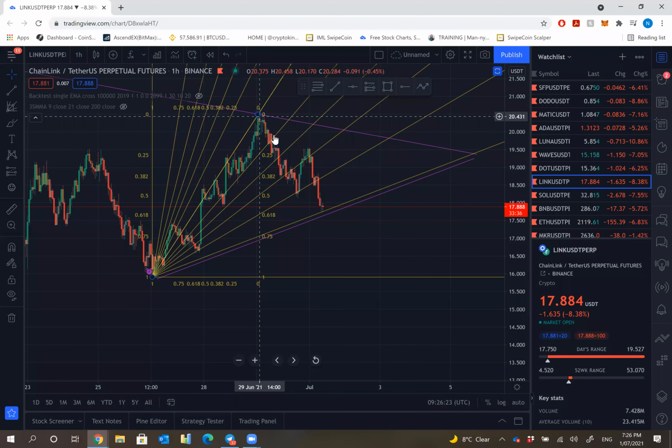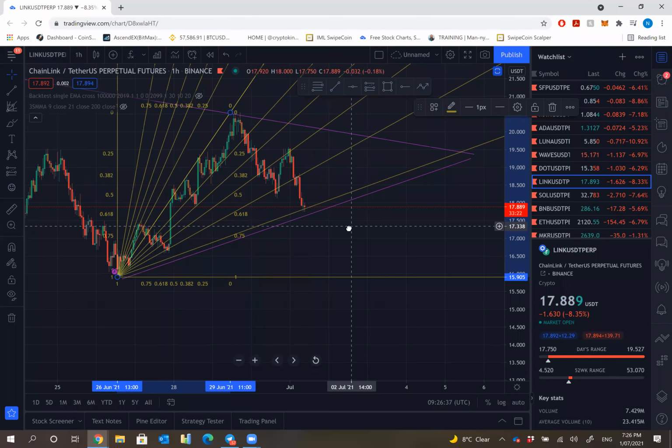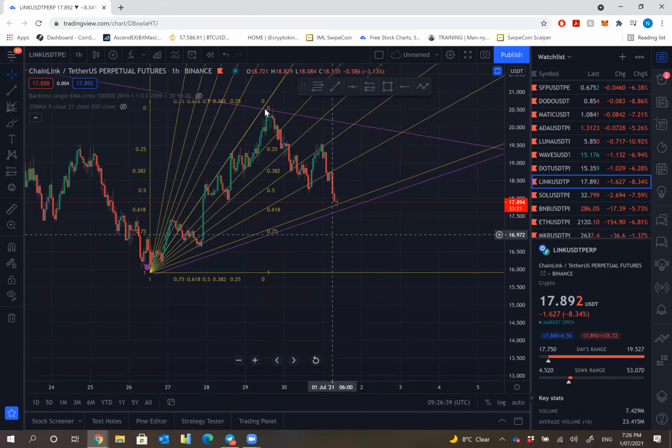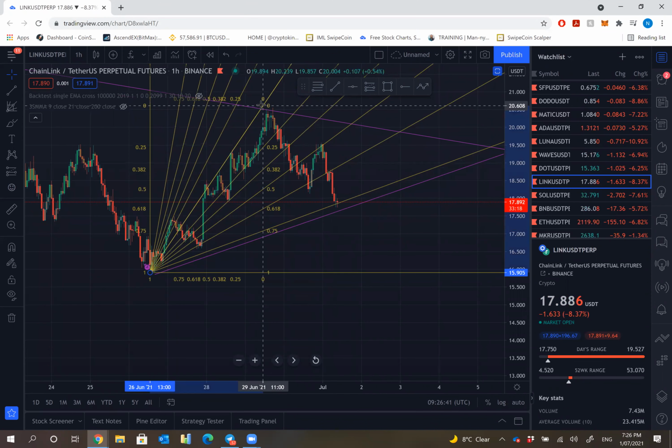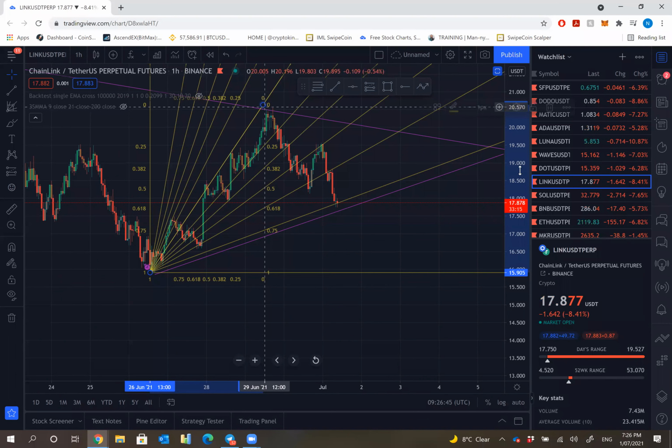It doesn't have to be perfect, but the bots and the computers know that when it's moved by a retracement of a certain percentage, it will rebuy at this percentage. So that's why I sometimes move mine along to make it fit and to make it look like it's working. With this one here, I would move it one up or down.